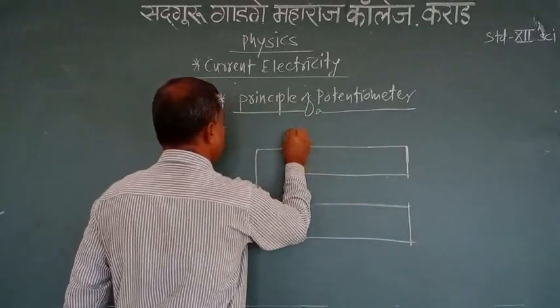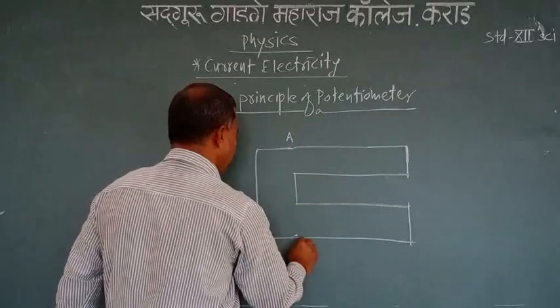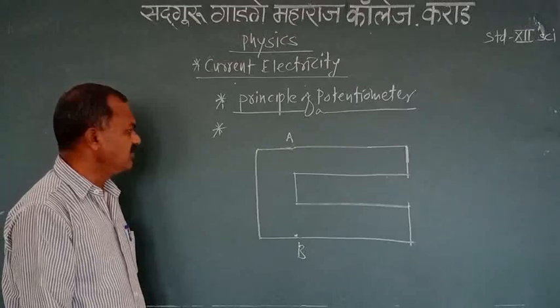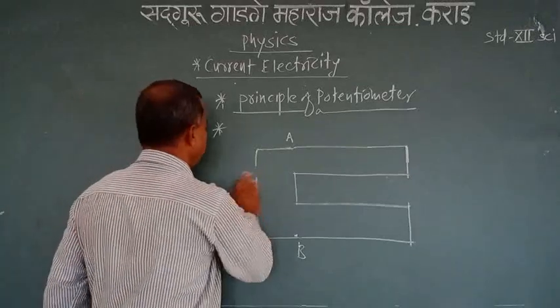This is the potentiometer wire AB of several meters in length, stretched on a wooden board between 2 points A and B.